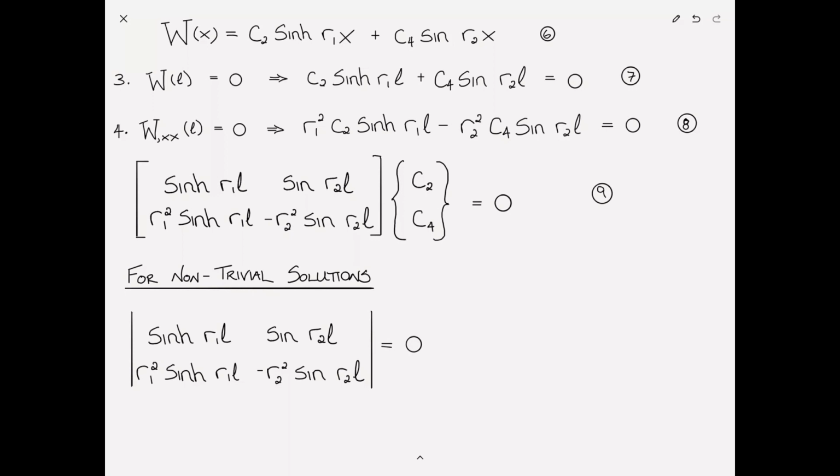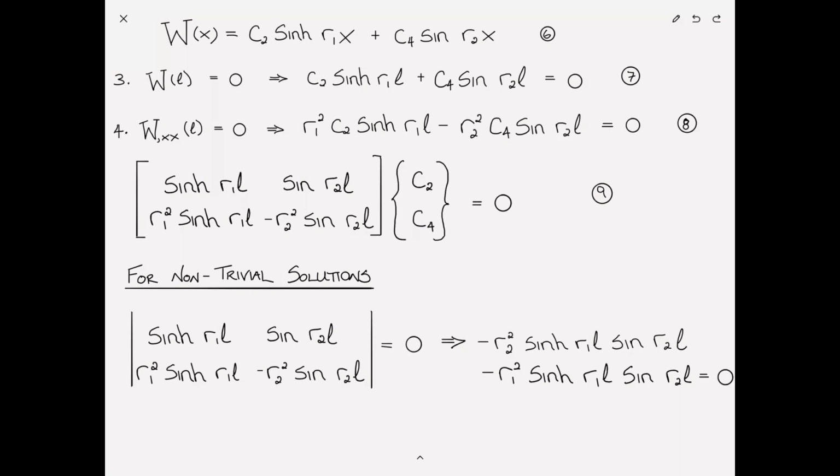The determinant of a 2 by 2 matrix is easy to find. It's just the product of the diagonals minus the product of the off-diagonals. So this gives us minus r2 squared sinh r1L sine r2L minus r1 squared sinh r1L sine r2L, and that's equal to 0.